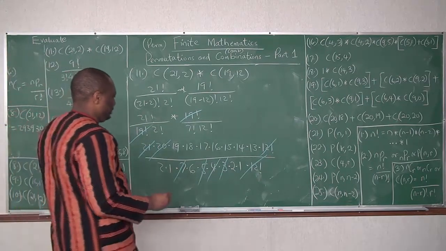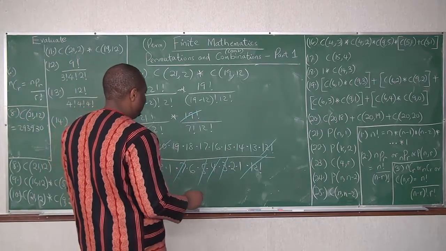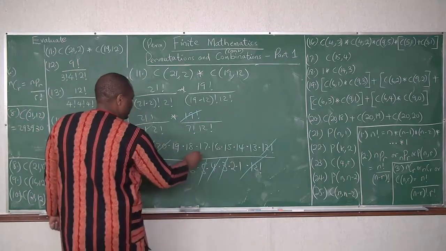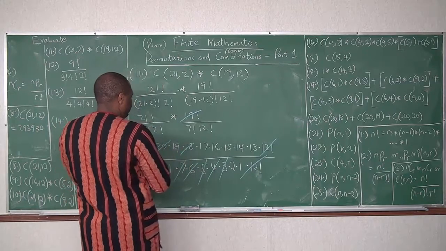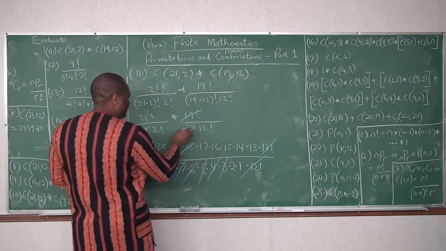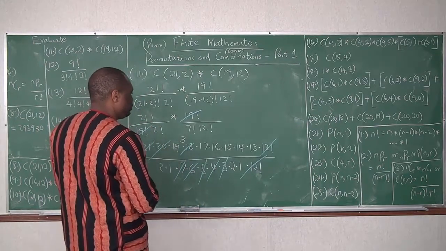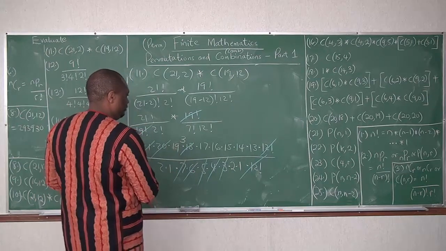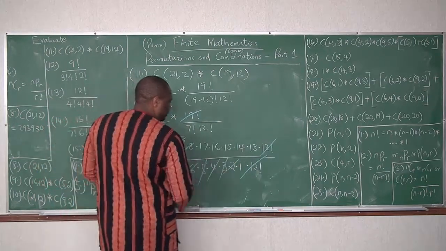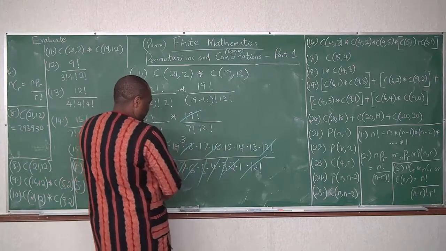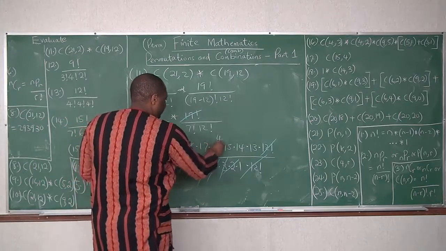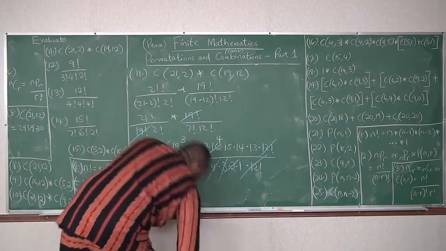So I can do 6 and 18 to give 3. And then 2 and 2 to cross out 16 to give me 4.